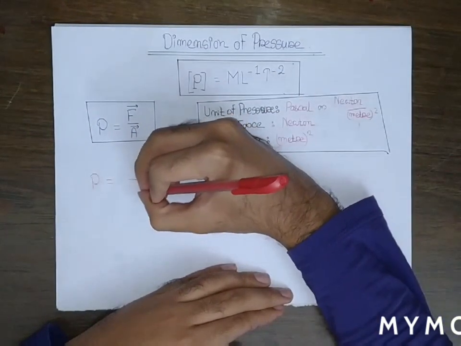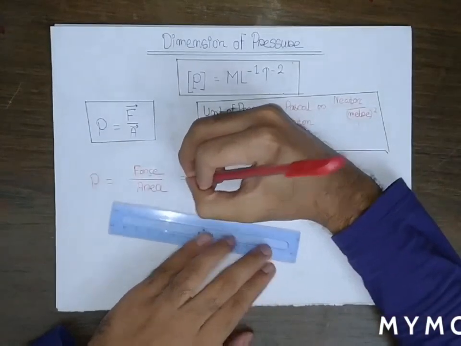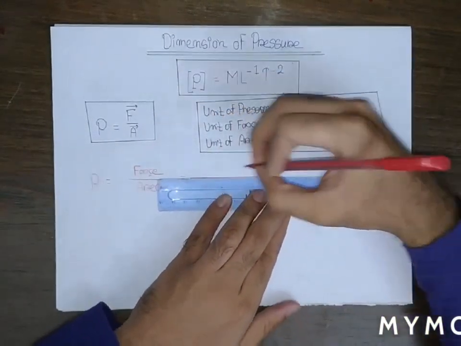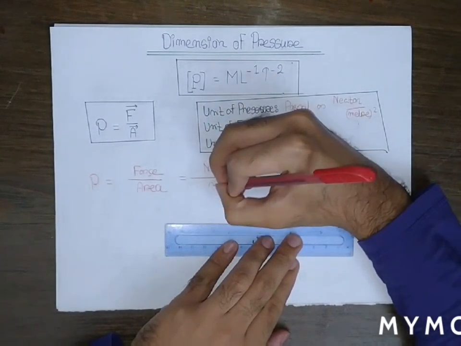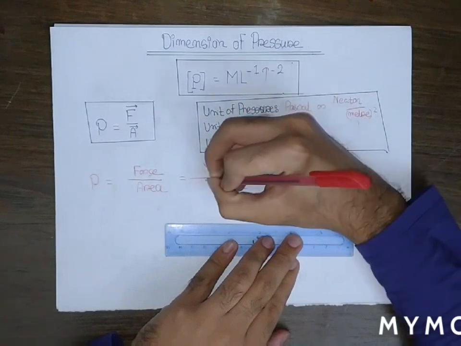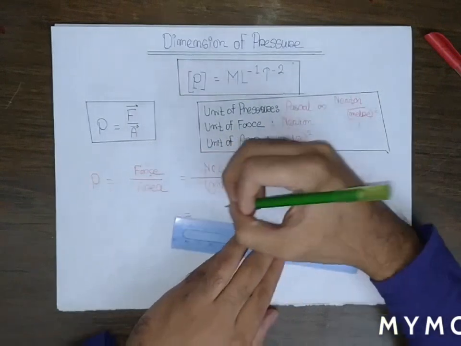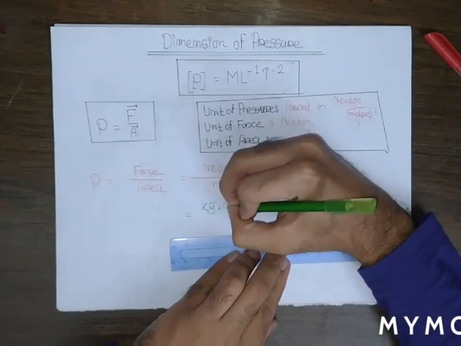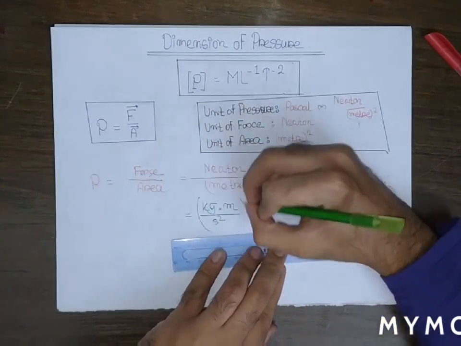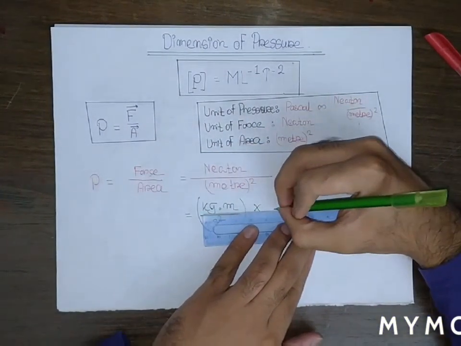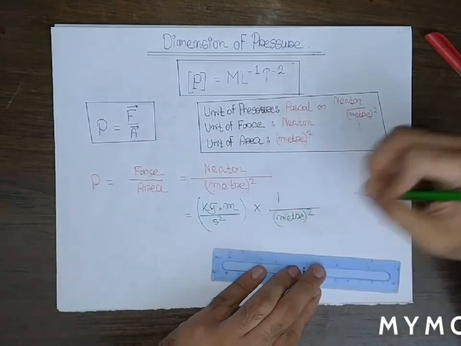Force divided by area equals to Newton divided by meter square. Now we will break Newton. Kg meter per second square multiplied by 1 by meter square.